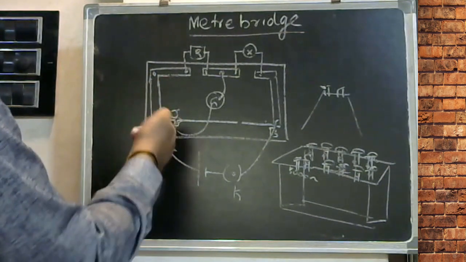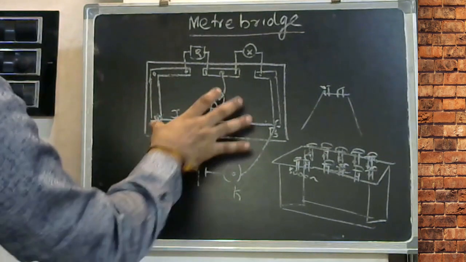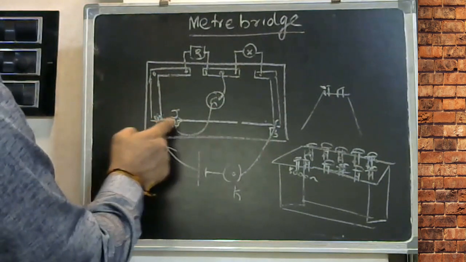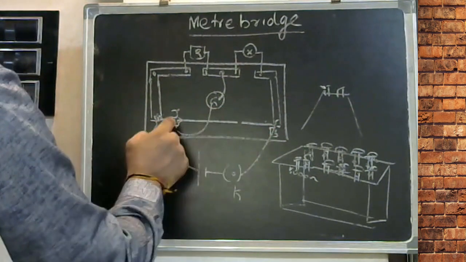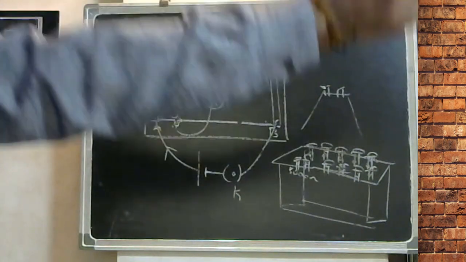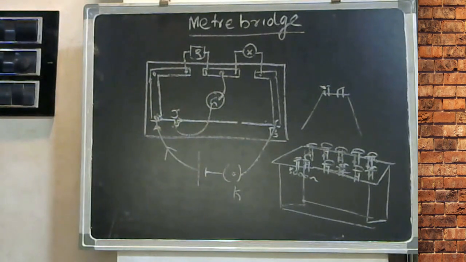This pen has to be used to touch the point. So this wire should be a longer one. I can move it from here to here. I can touch any part of the wire using the jockey. So jockey can be slid across this. Remember this wire should be a longer wire when you do this. Take a longer wire and connect it.